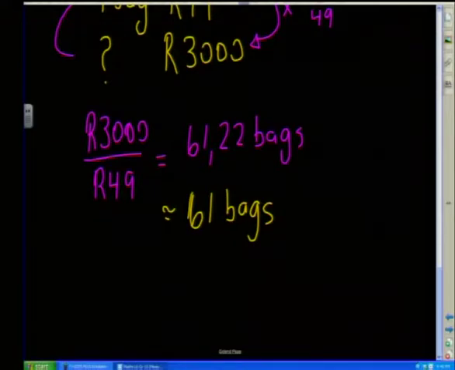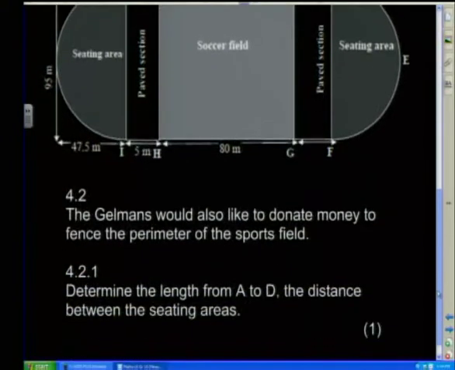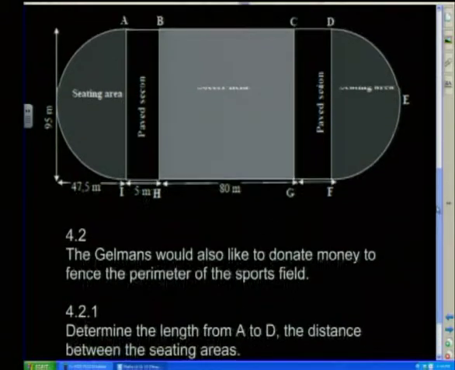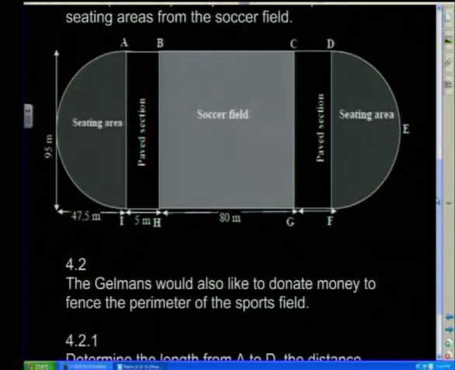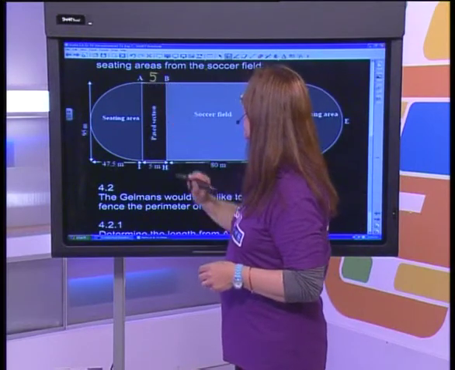So let's move to the next part of the question. They would also like to donate money to fence the perimeter of the sports field. Determine the length from A to D. Now let's find A to D. So from A all the way to D. So we need to determine this length. A, we said, was 5 meters.